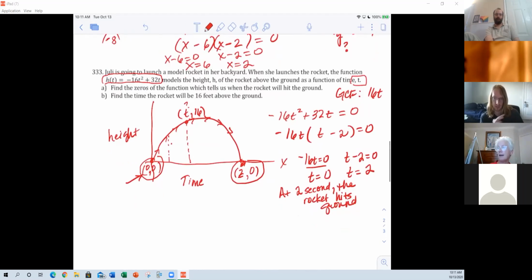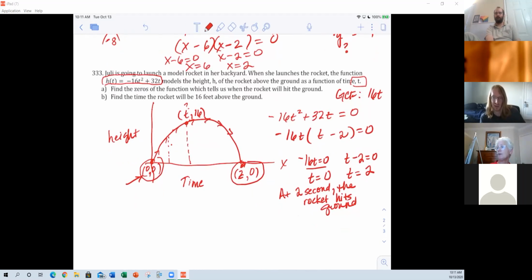Yes. So think about it, right? A common mistake would be people plugging 16 in for t, but we're trying to find t. So we have to plug 16 in for the y value. So we're going to say negative 16t squared plus 32t equals 16, right?